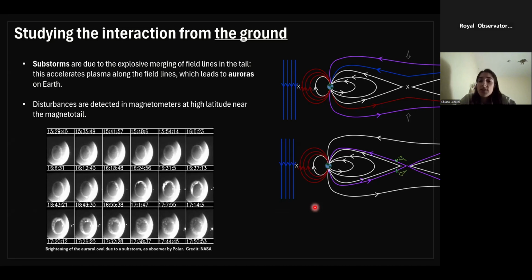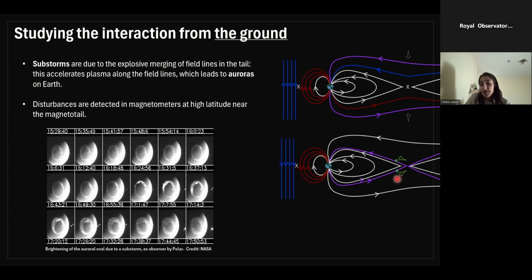If we go back to what I was saying while I was talking about the Dungey cycle, when we have southward IMF, we have reconnection here on the day side, and the merged lines here in purple are dragged back to the tail. Now, in the tail, they don't need to merge straight away. They can actually accumulate more and more until there's this explosive merging happening.